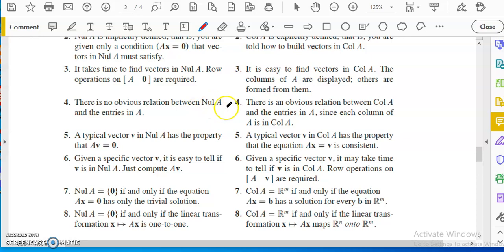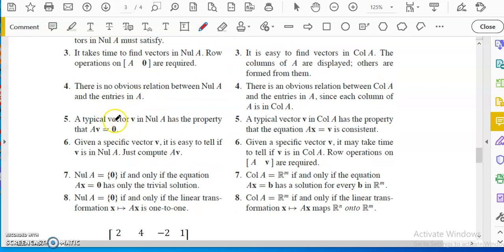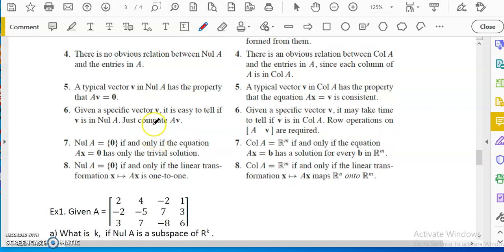There's no obvious relationship between Null A and the entries in A. Null A is found by writing the solution of the augmented matrix of the RREF of A and 0. To find out if a particular vector v belongs to Null A, you just multiply A with v, and if it's 0, then it belongs to it. It's very easy to tell.